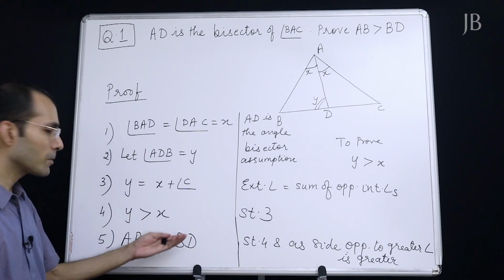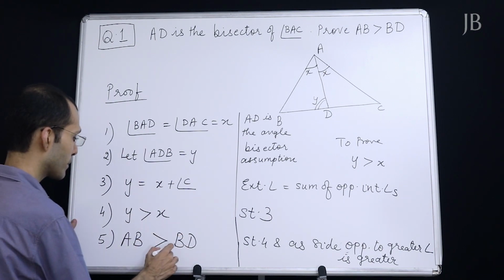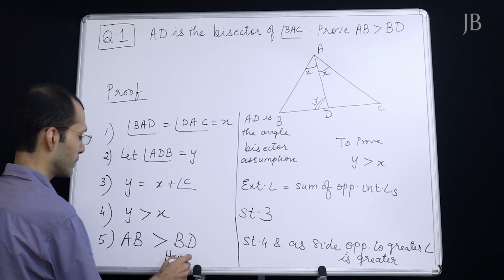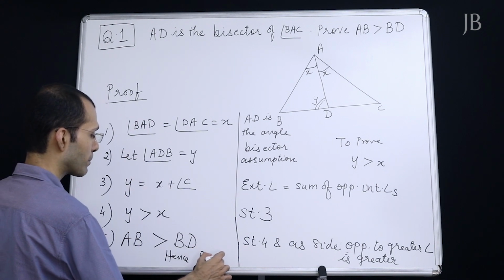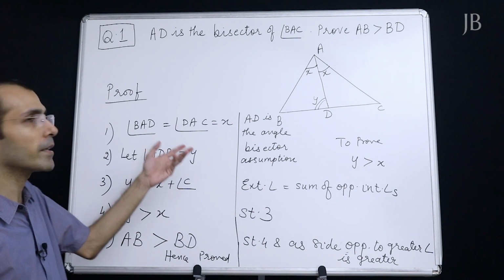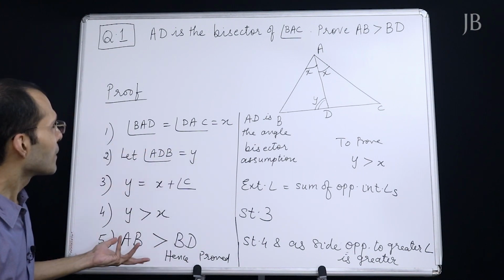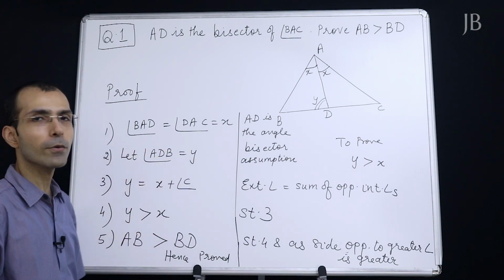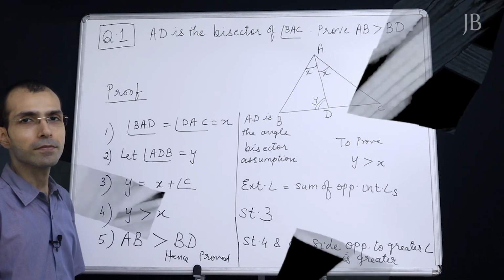Got it? So proved, hence proved. It takes a lot of time to explain and understand for the first time, but otherwise this can be done under a minute actually. Fine, so we have done with question 1.